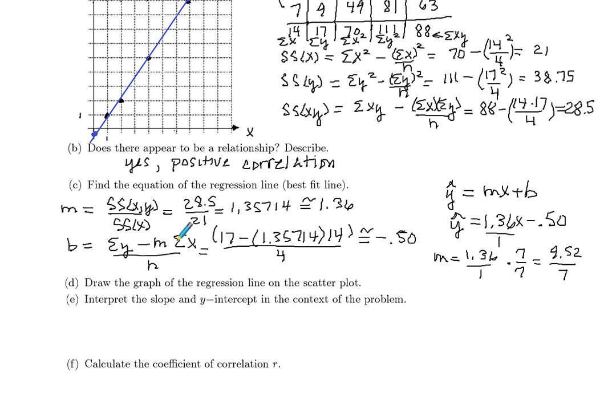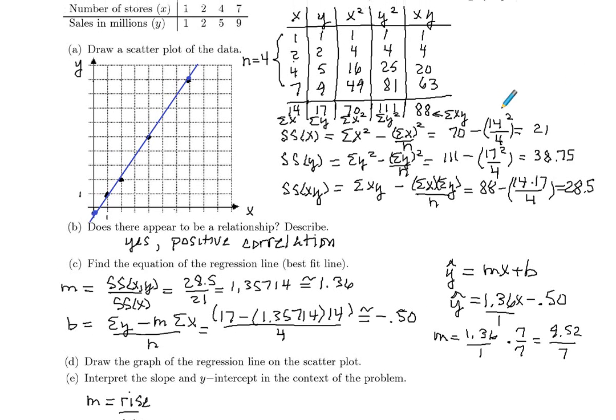Okay, so m is rise over run. And remember that our rise is y, run is x, and our x here is number of stores, and our y is sales in millions. So the rise is going to be the change in sales, and the run is going to be the change in stores. As x changes, you're adding stores. As y changes, your sales are going up in millions.